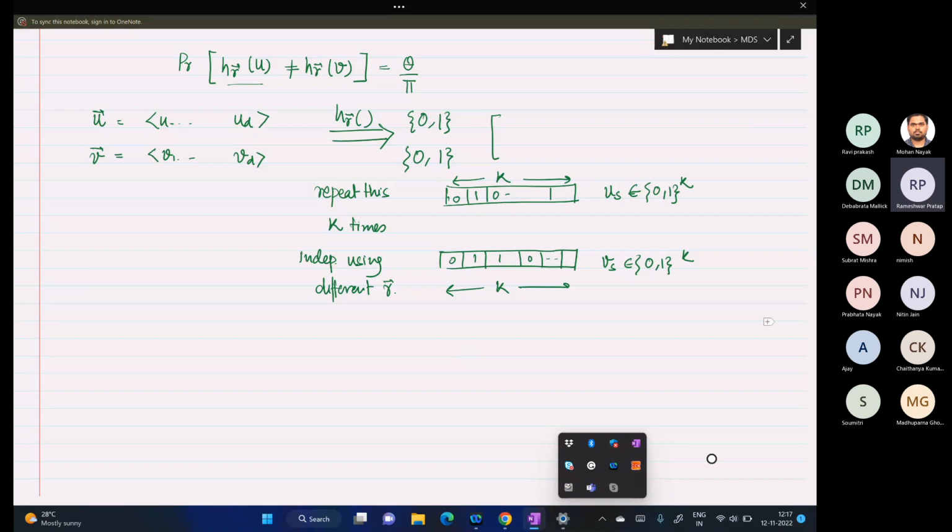Yes, sir. Okay, so the Hamming distance between US and VS gives an estimate of the angular cosine similarity. How we'll do it, we'll see in a minute.